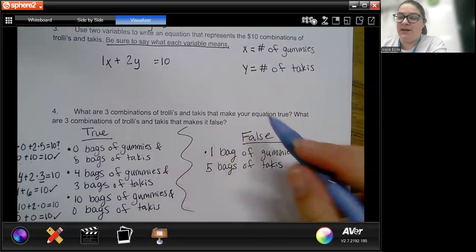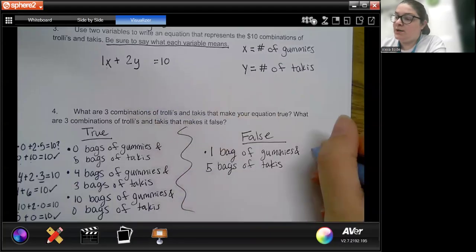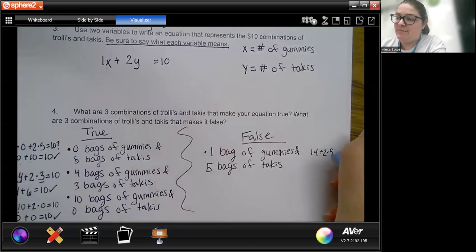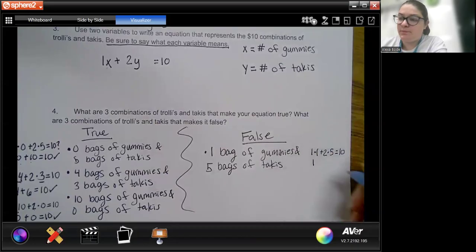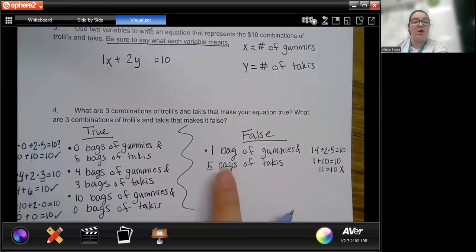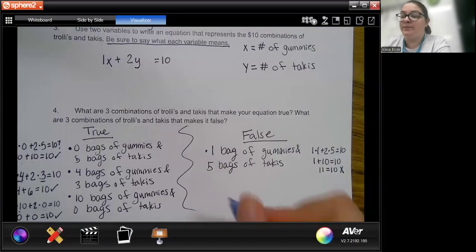So if I try that in my equation up here, 1 times 1 bag of gummies plus 2 times 5 bags of Takis, does that equal 10? 1 times 1 is just 1, plus 2 times 5 is 10. Does that equal 10? Well, 1 plus 10 is actually 11. 11 does not equal 10. So this is false. This is not a solution. It is not a combination that would work.